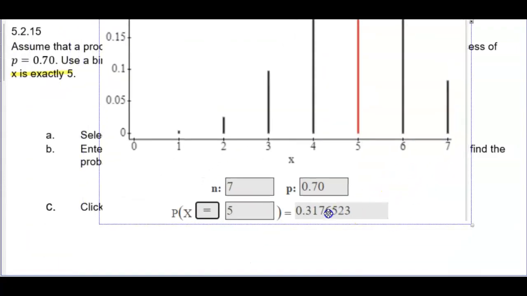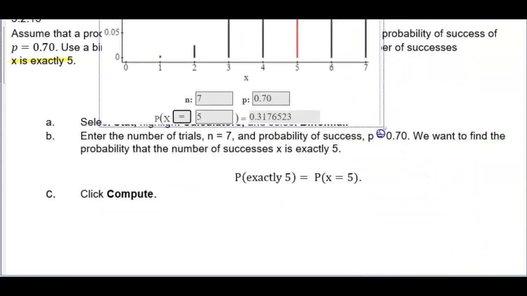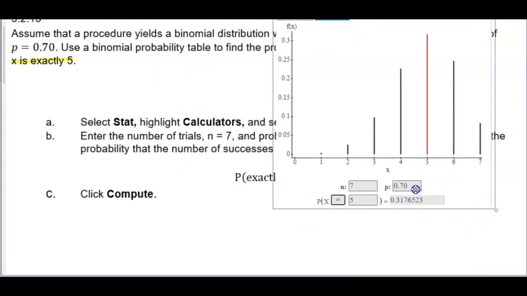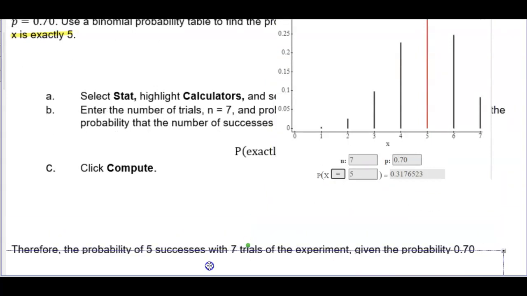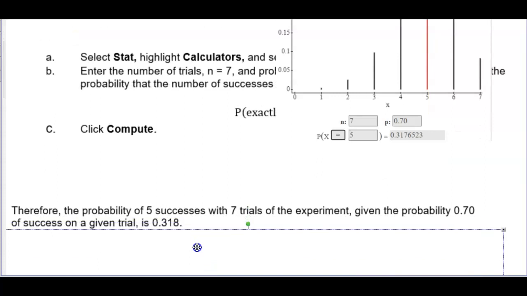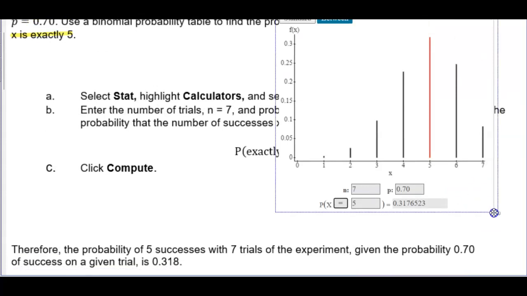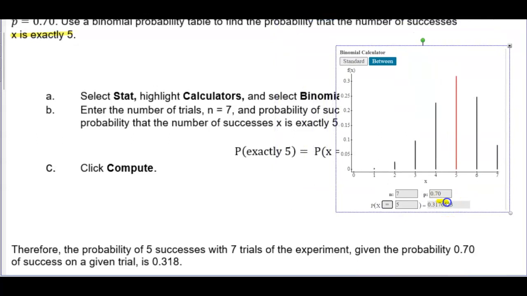And then you will notice the probability that we get is 0.31765. Now, depending on what the question is asking you to round it to, that's what you're going to do. So let's go ahead and round that to 3 decimal places. If you round it to 3 decimal places, you're going to see that we end up with 0.318.